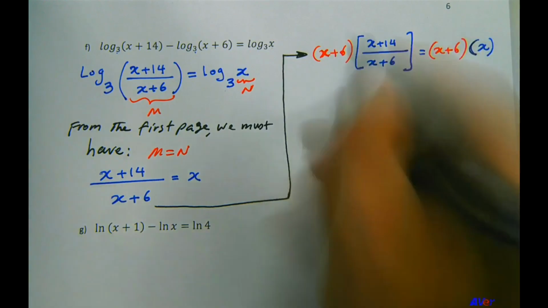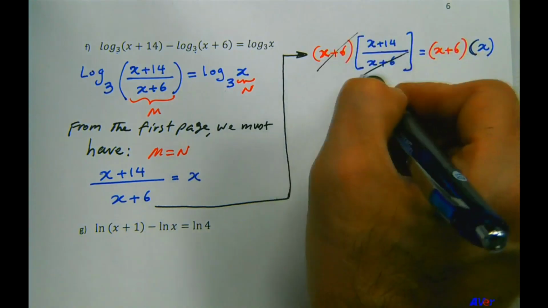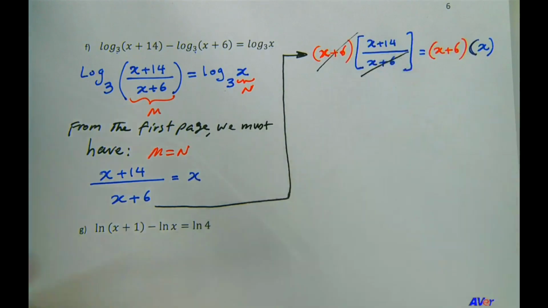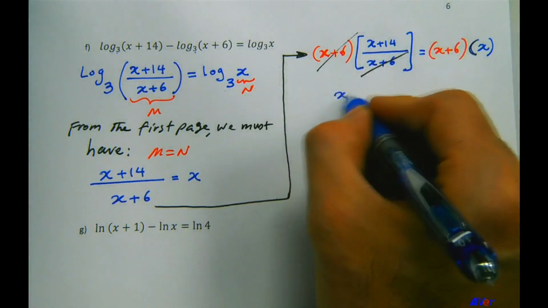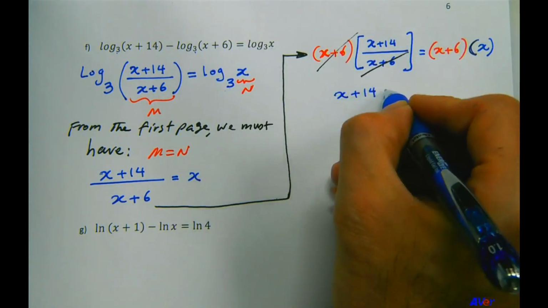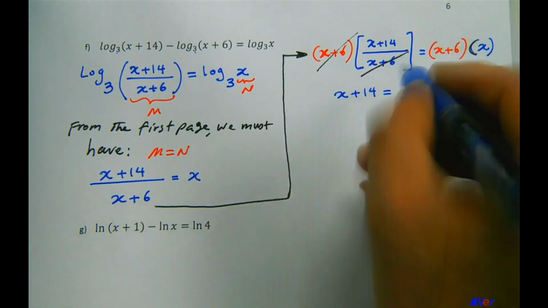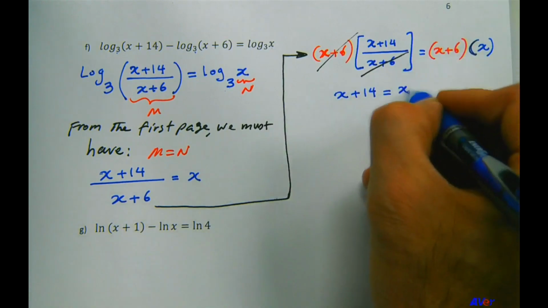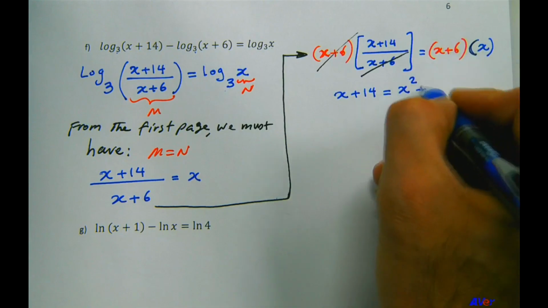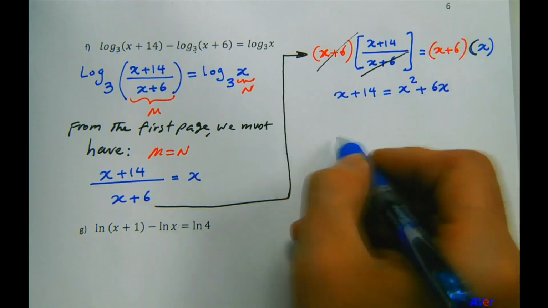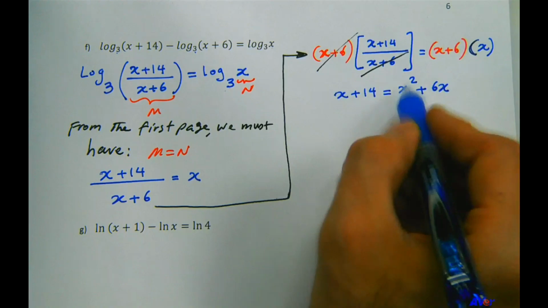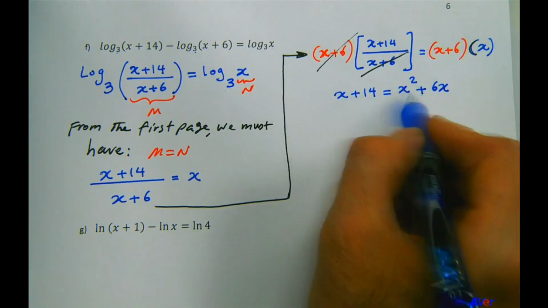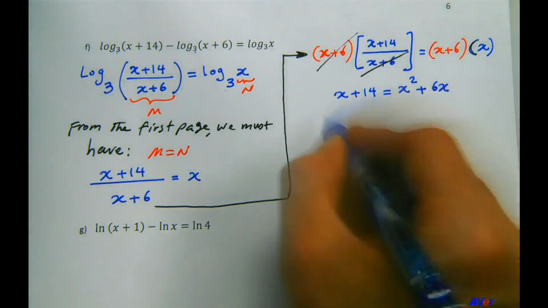Well, this x plus 6 and this x plus 6 cancel out. On the left side, we have x plus 14. On the right, we get x times x, x squared, plus x times 6, 6x. Right? This is a quadratic equation, right? So let's move everything to one side and set it equal to 0.